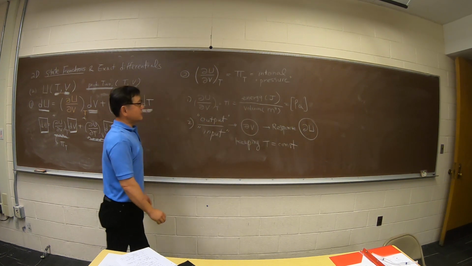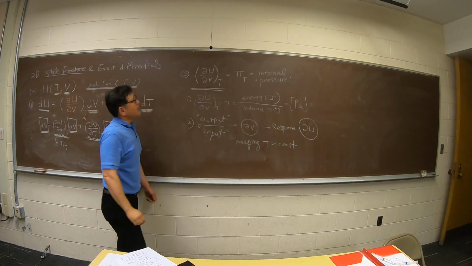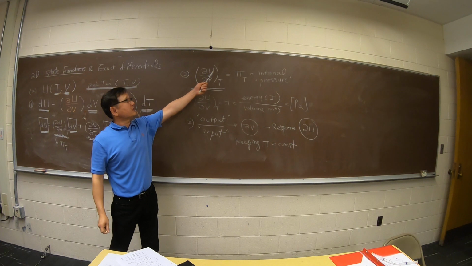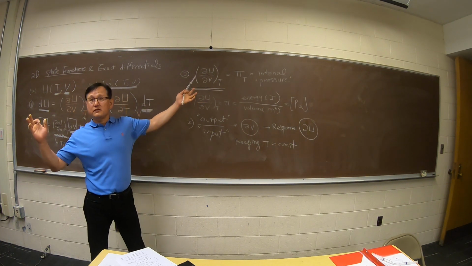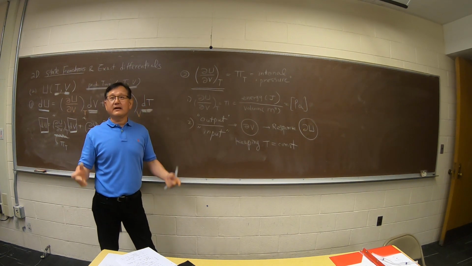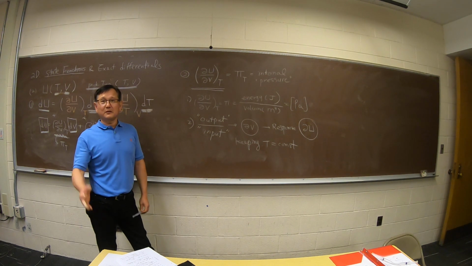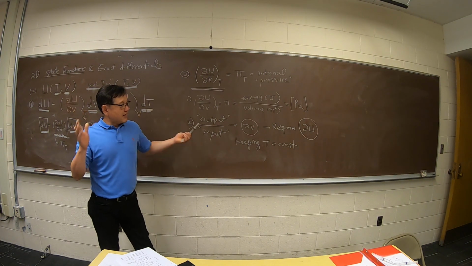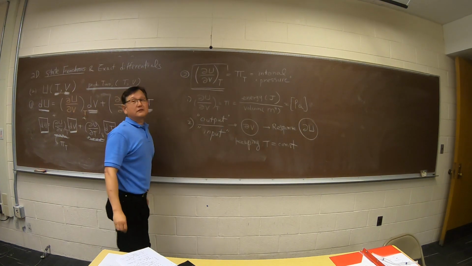So this whole statement is simply written this way: I want to know how much the internal energy changes when I change the intermolecular distance by changing the volume and keeping the temperature the same, kinetic energy the same. All right? So this whole statement is nicely written in this way.